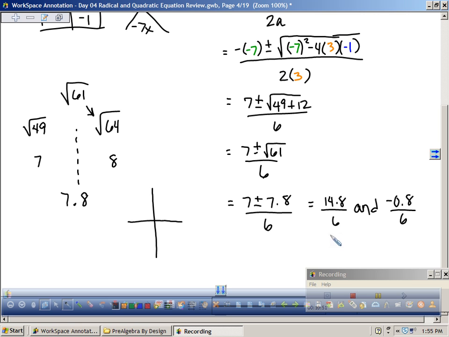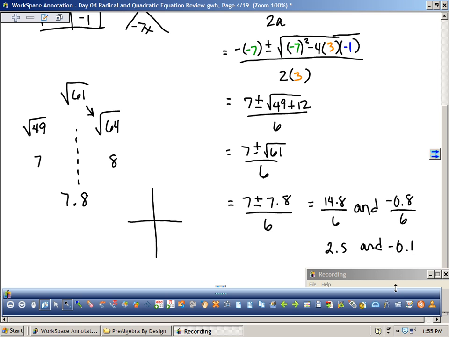You should be taking these things all the way down to this and making sure that you're getting the right answers by thinking about it first. So our first one is, if I round it to tenths, I get 2.5 and negative 0.1. Questions so far?